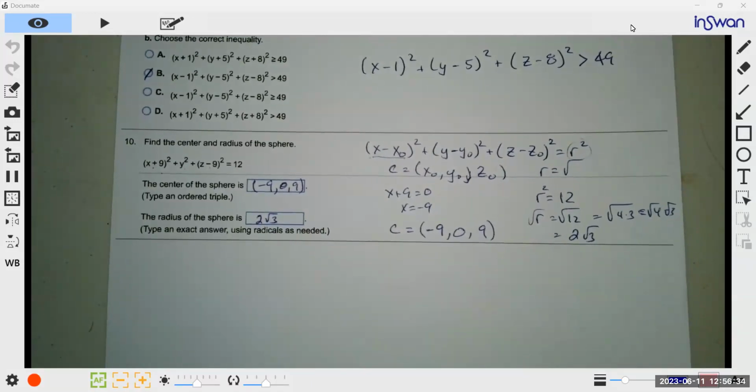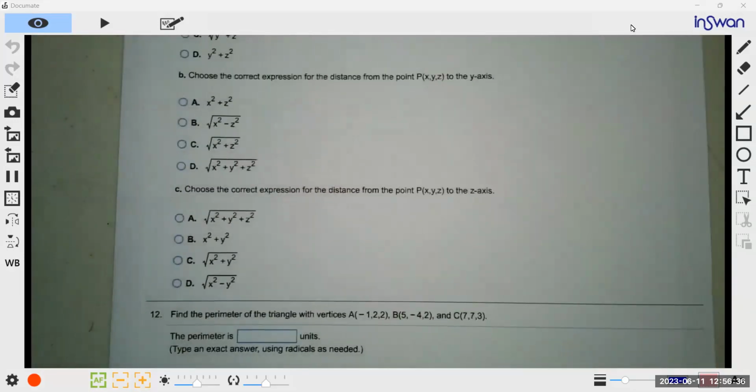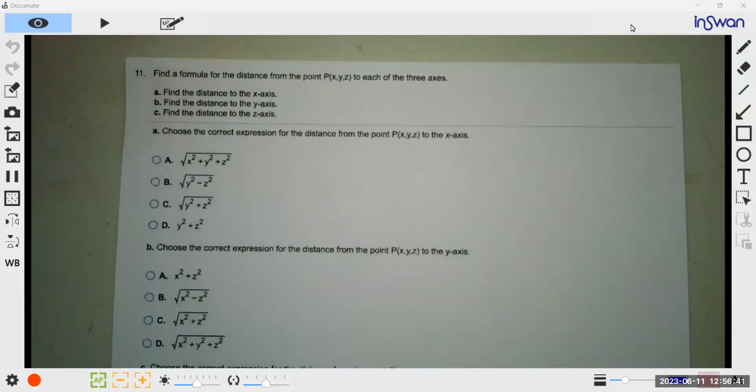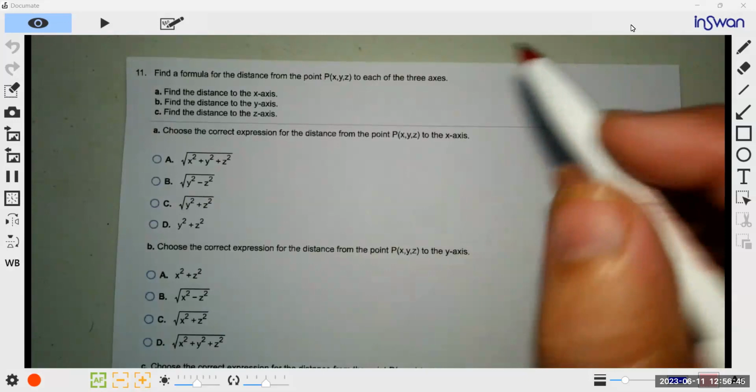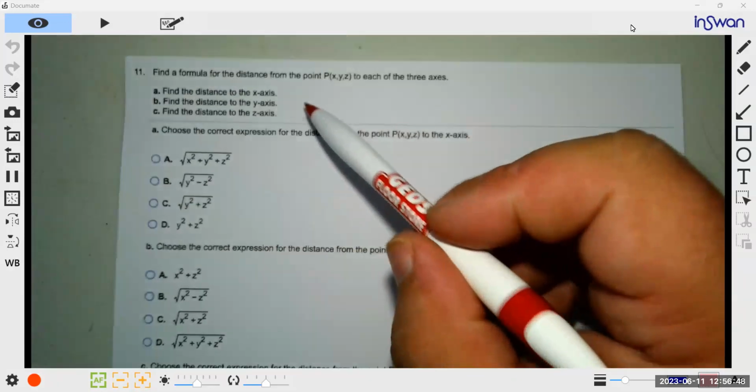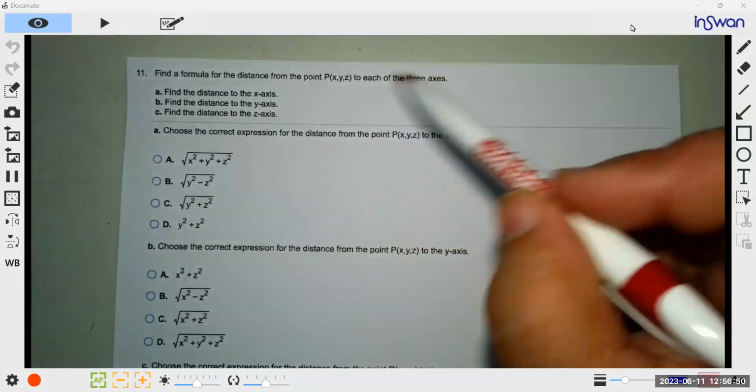I've got 2 more questions. All right. Find the formula for the distance from the point P to each of the 3 axes.